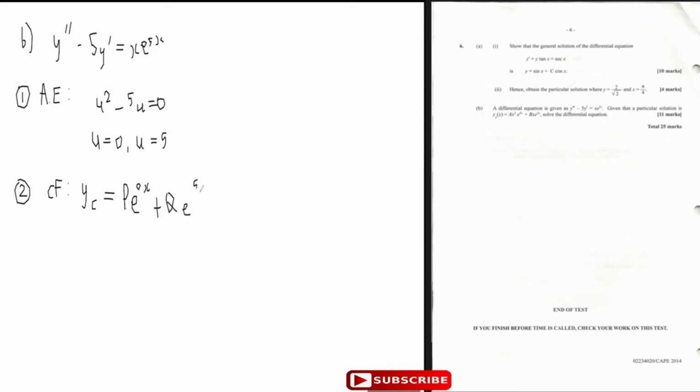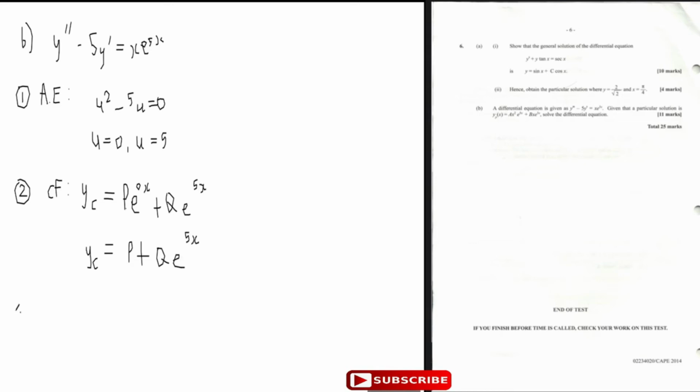This simplifies: e to the 0x is just 1, so the complementary function is p plus q e to the 5x.